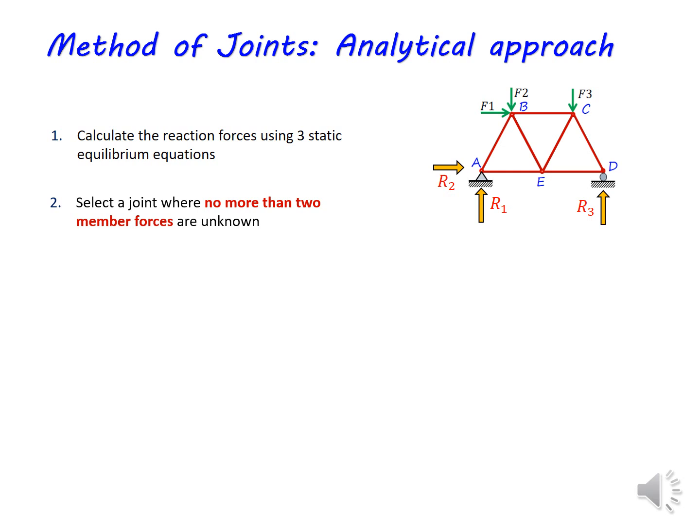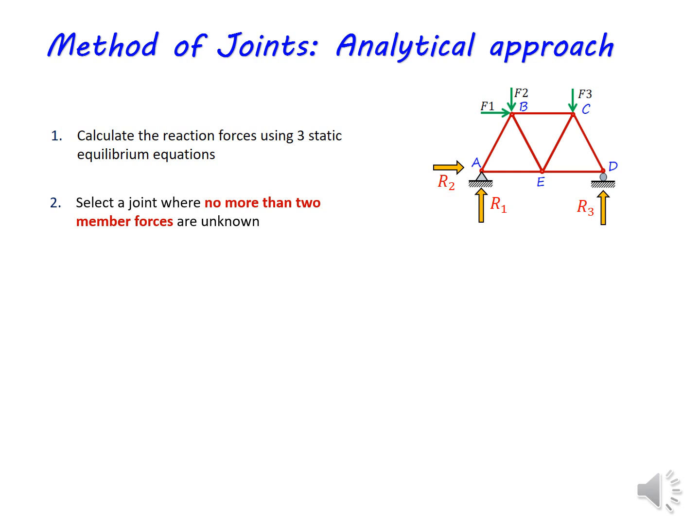Two reaction forces R1 and R2, we know the values, but we don't know the forces in members AB and AE. So two unknowns. So we can select joint A to start the analysis.